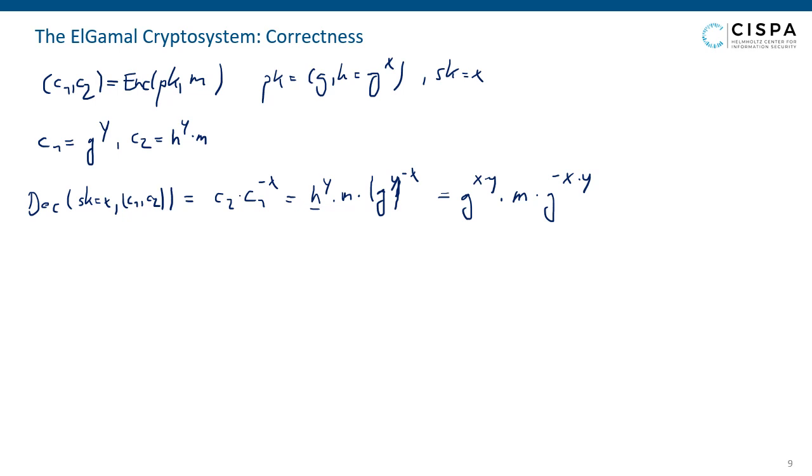Of course, now these two here cancel out. The second one is a multiplicative inverse, or the inverse group element of the first one, and we get that this gives us back the message M.